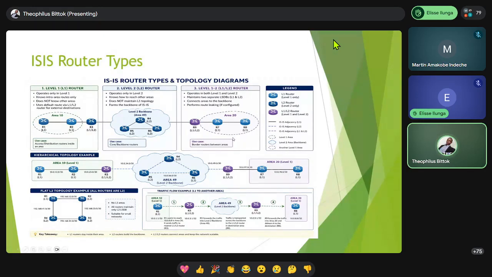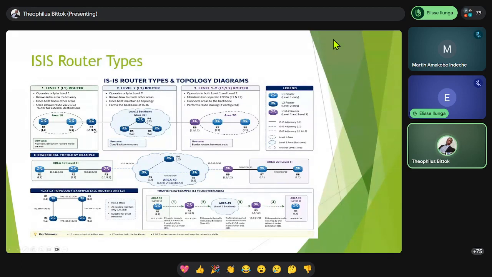There is also something we call an overload bit. Basically, the overload bit is usually used by the L1 L2 router and L2 routers. It tells the adjacent routers not to use me as a transit.